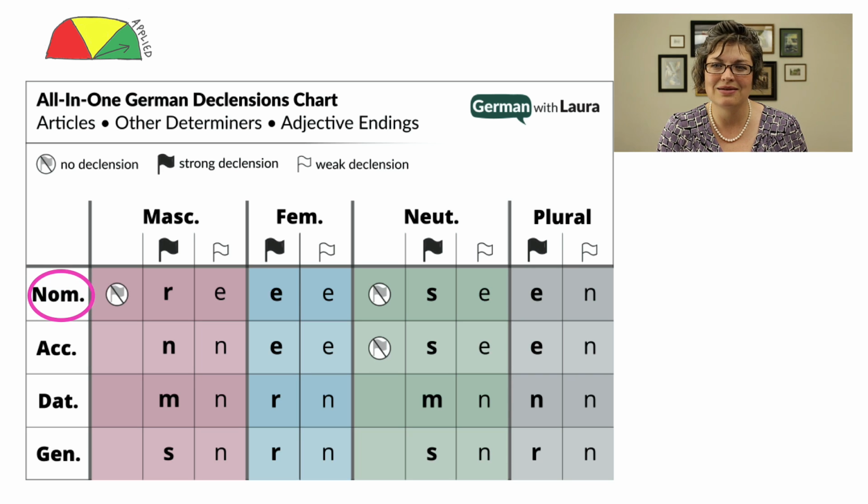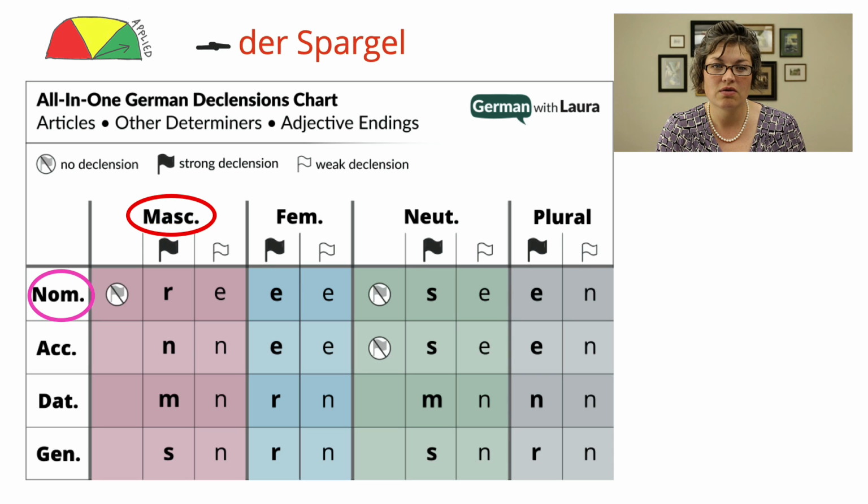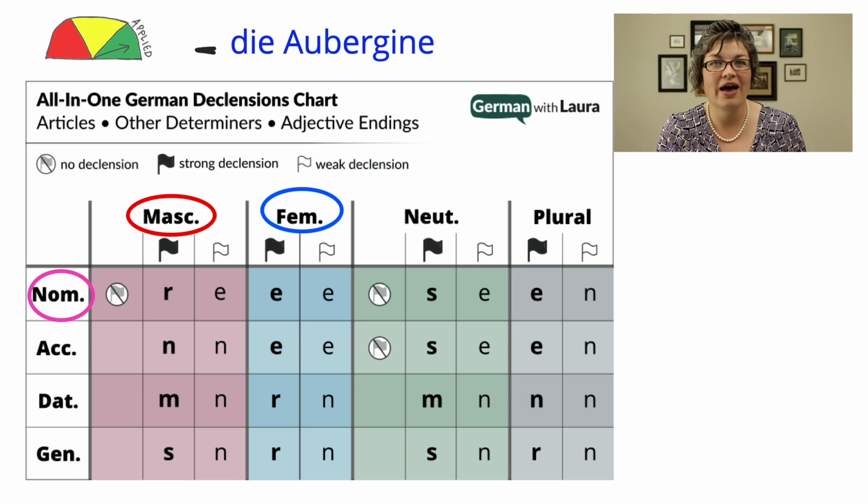The subject of the sentence, and then we have a masculine noun, Spargel. So masculine nouns are right here. Okay? Then we have the feminine noun, Aubergine. So that's the next column. And then we have Radieschen, a neuter noun.